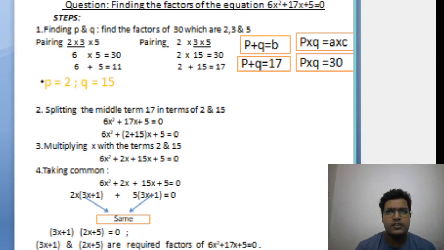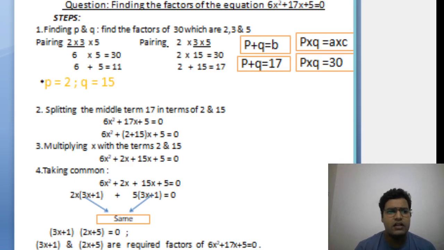So the product of 6 and 5 is 30, and the sum of 6 and 5 is 11. So the first condition is satisfied. P into Q should be 30, 6 into 5 is 30. But the second condition is 6 plus 5 is 11, which is not 17, which is required for this polynomial equation. So we cannot take 6 as P and 5 as Q.